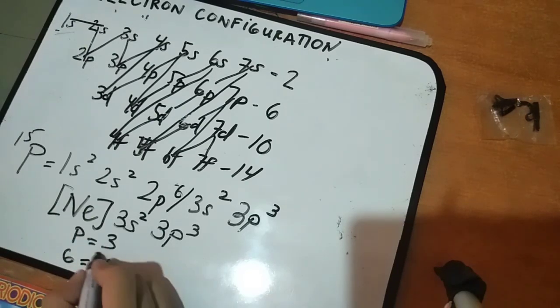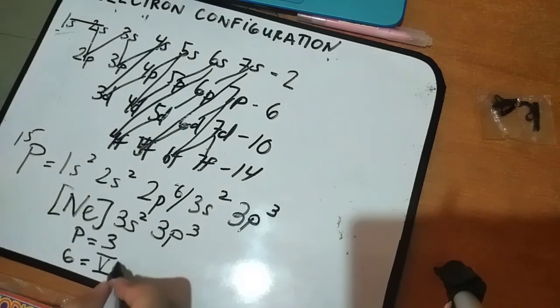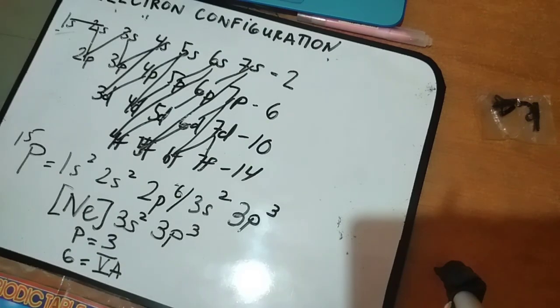So, that would be 5. Group 5, okay. This is your electron configuration, shorthand method. Okay. Kayang-kaya ba? Madali lang to. So, let's have this example.